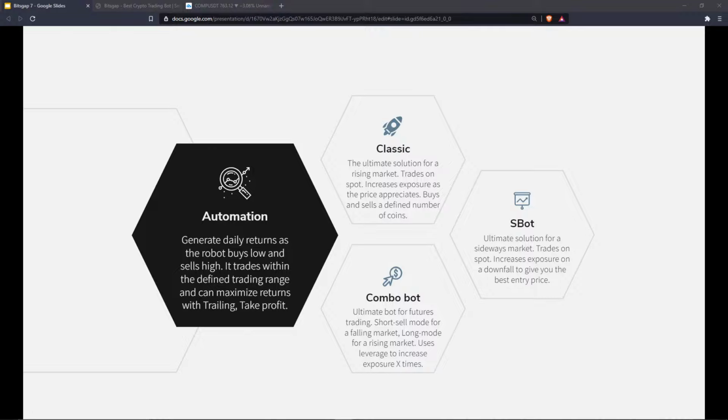We will discuss today the classic bot, the SBot, and the brand new bot we launched about 3 weeks ago, I think: the combo bot. That's the one designed for futures market trading. It's a completely different story, different configuration, different level of risk. I believe many of you are experimenting with it.